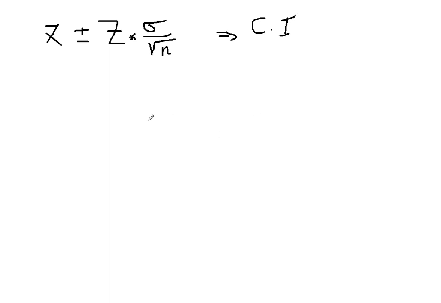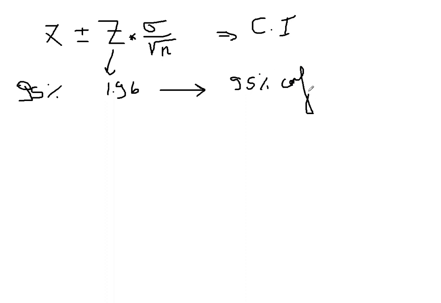Now, if you want to have a 95% confidence interval, then you would change the Z into 1.96. And then you would have a 95% confidence interval. Now, how would you interpret it? You would say that you are 95% confident that mu, or the real population average, because that's what you're trying to estimate at the end.